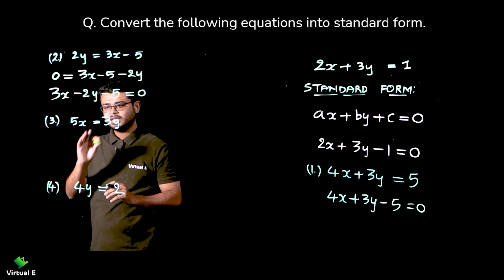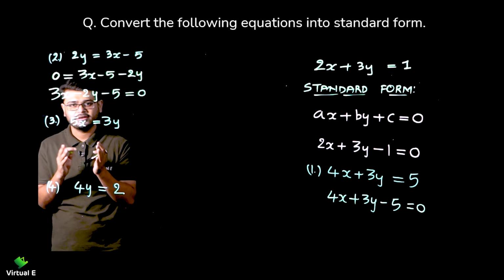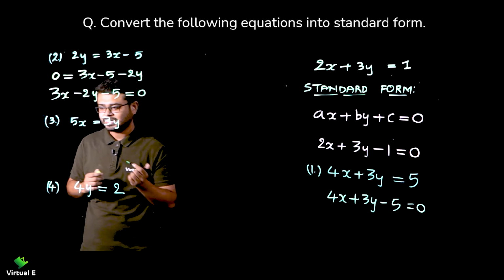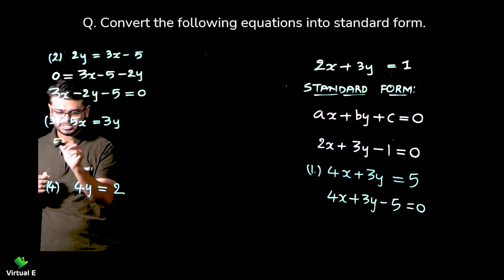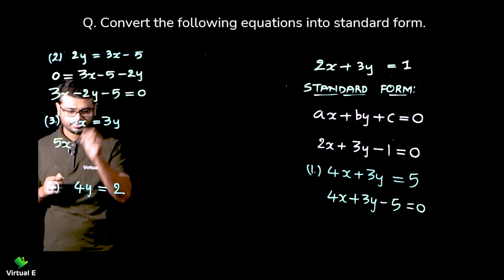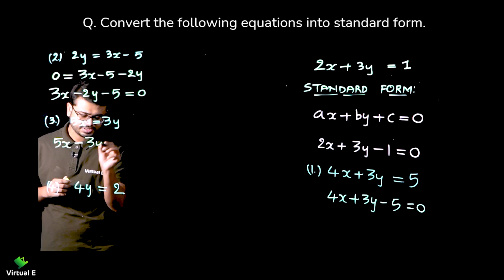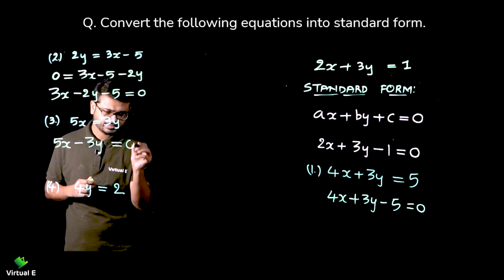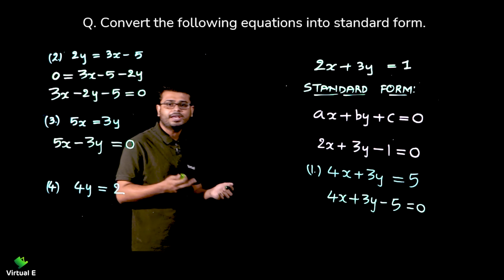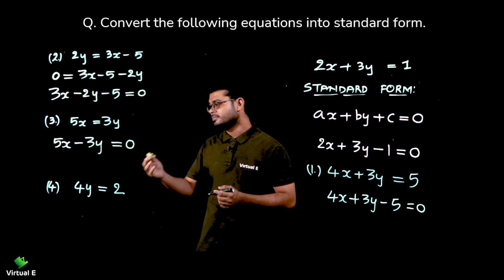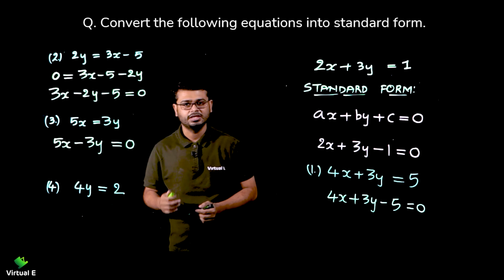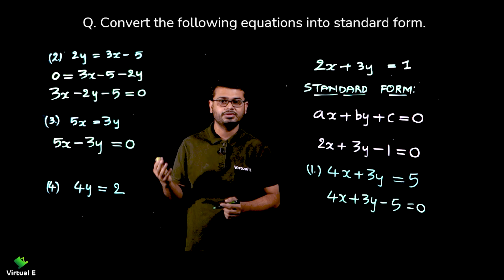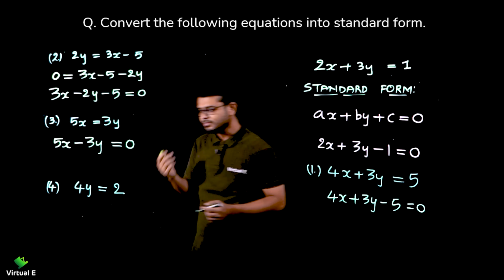Okay, let's talk about this. This is very interesting because there is no constant over here. It's okay, so don't bother about that as well. So here, first of all, let's write 5x shift 3y, so minus 3y is equal to 0. We don't have a constant, so we cannot write it. If you want to write 0 over here, plus 0, that will also work out.